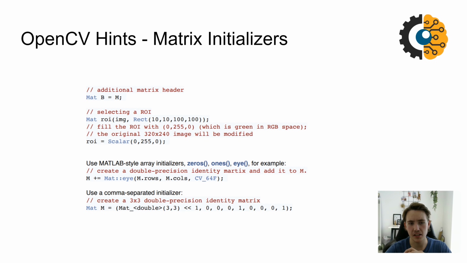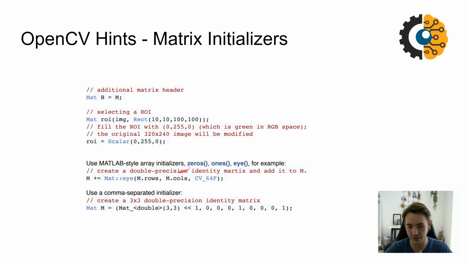So here is just how we initialize our matrices and how we do different kinds of operations on them. Here we can set up some different kinds of initializations, and we can also use our matrices in a MATLAB style array where we can do some operations on them.